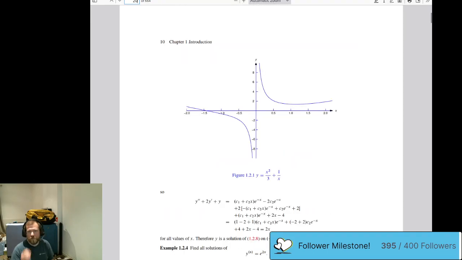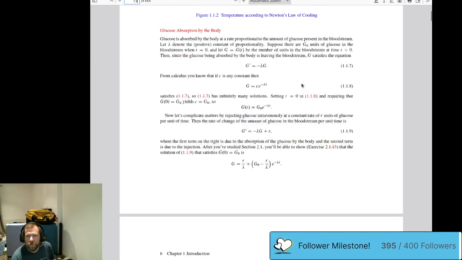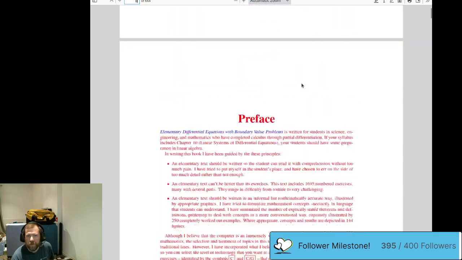Table of contents, somewhere around page 20. We just keep backing off here.